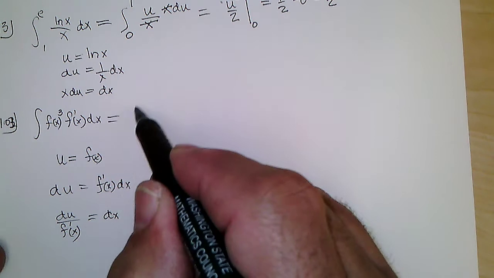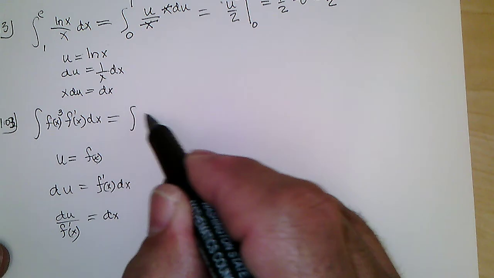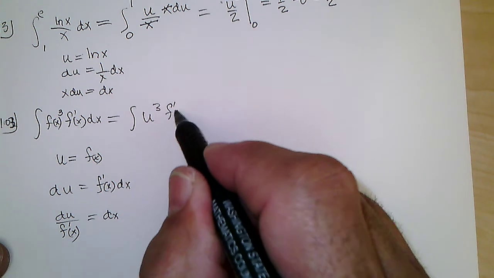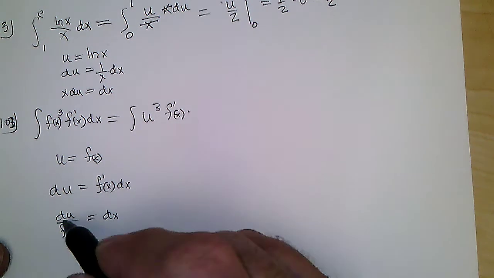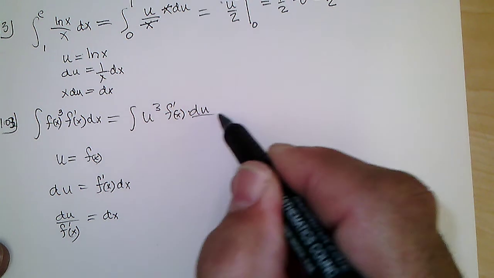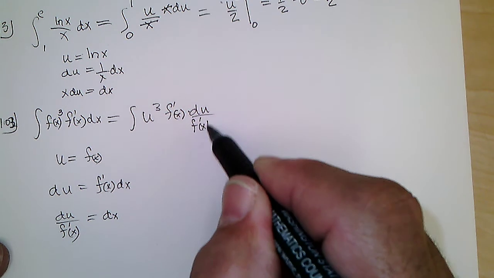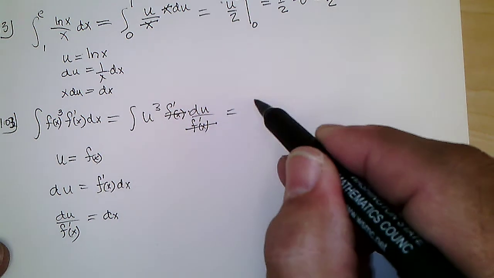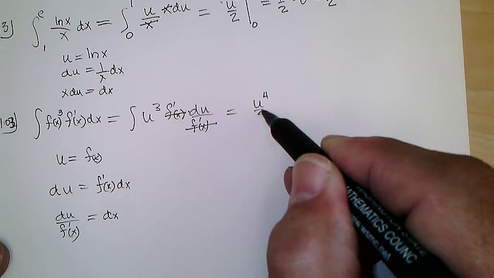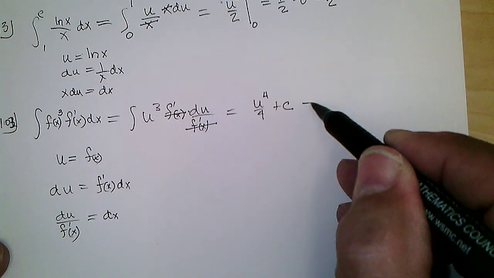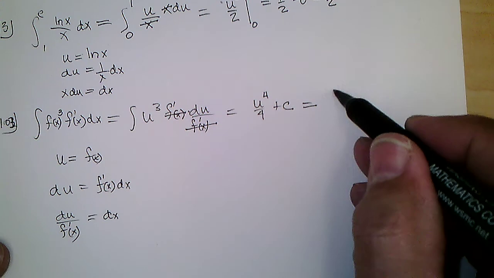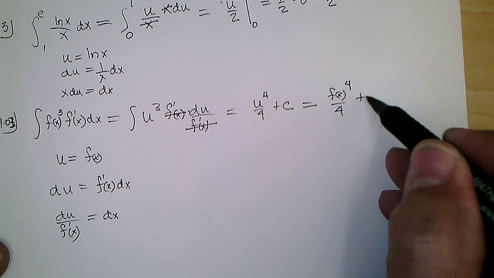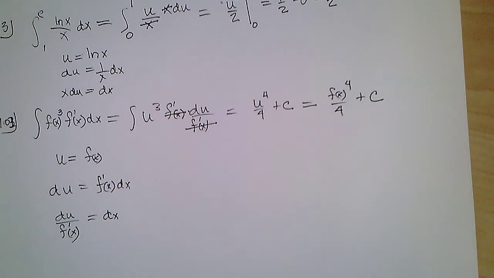So this integral would become the integral of u to the third times f prime of x times du over f prime of x. The integral of u to the third is u to the fourth over 4 plus c. Going back to the x's, it's f of x to the fourth over 4 plus c, or 1/4 f of x to the fourth.